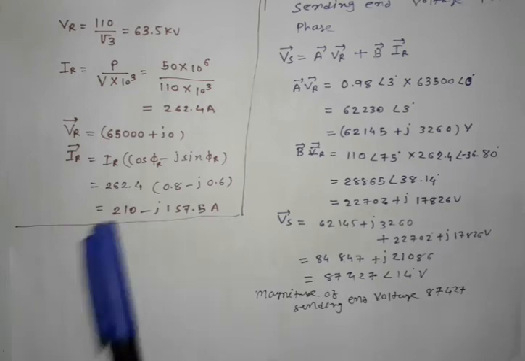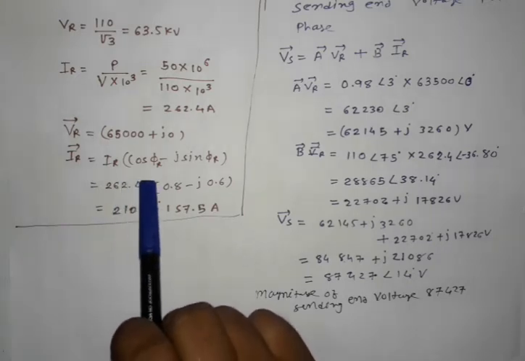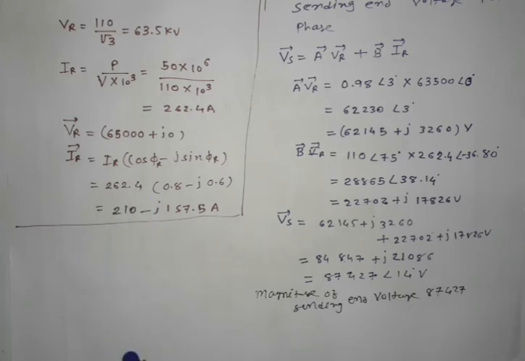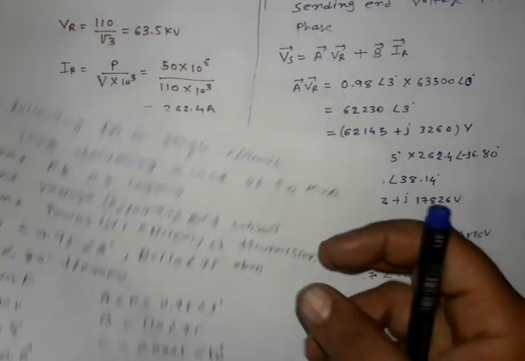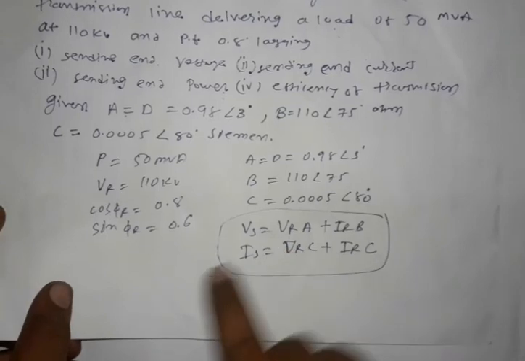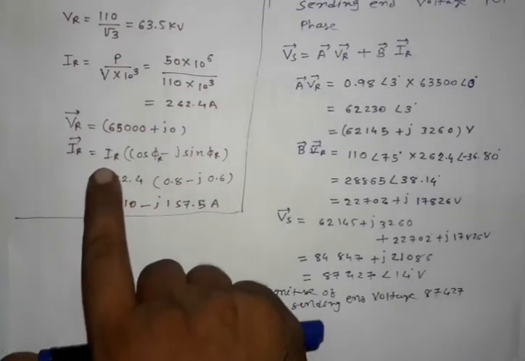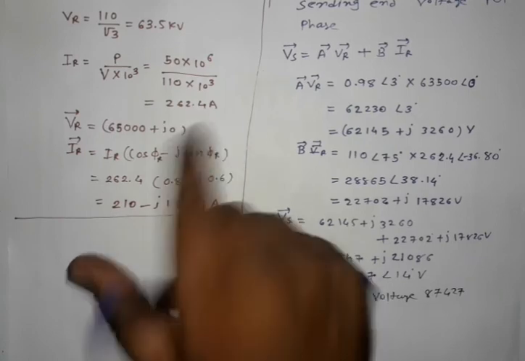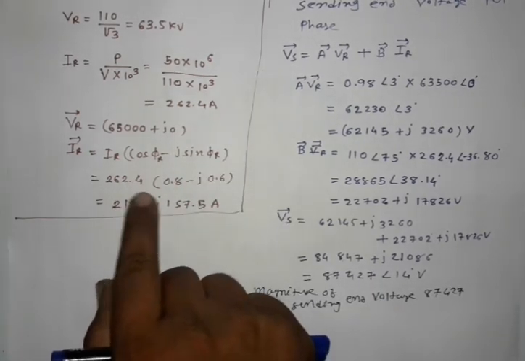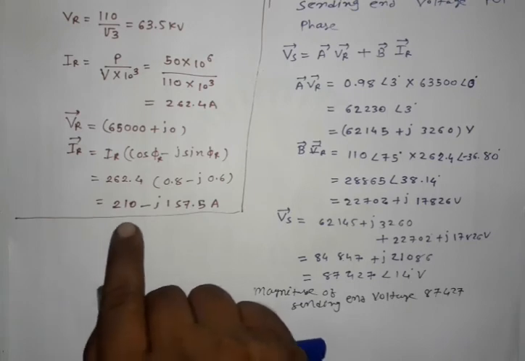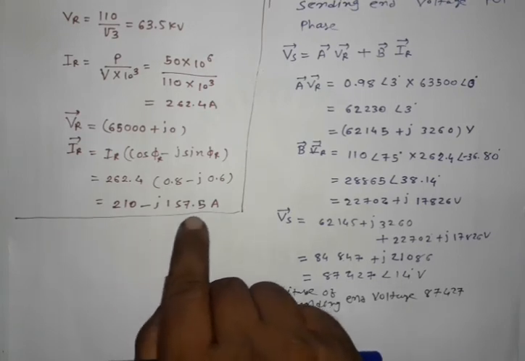So we put the values of cos phi R and sin phi R, which are 0.8 and 0.6, and IR, which is 262.4 ampere. Putting all the values, we get IR equal to 210 minus j 157.5 ampere.